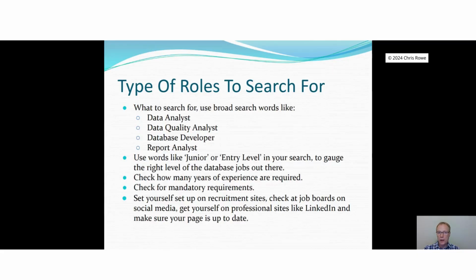Also, it's really good to set yourself up on a variety of recruitment sites that are out there, and especially the IT specific recruitment sites. Have a look around, get a feeler for what's around the place, and get yourself involved in there.